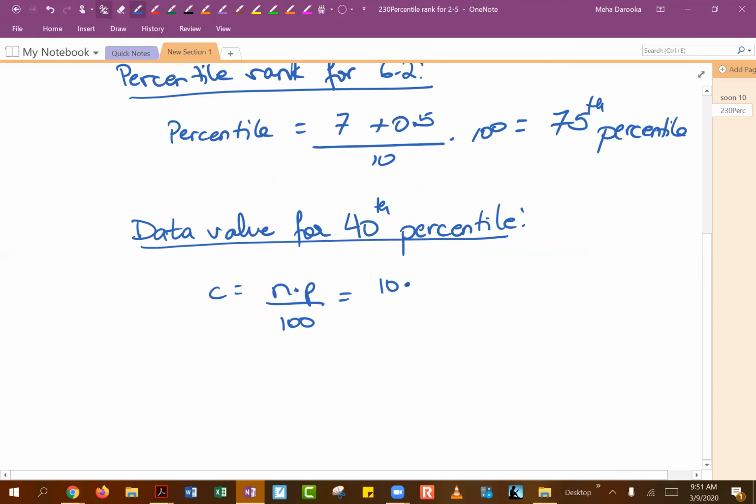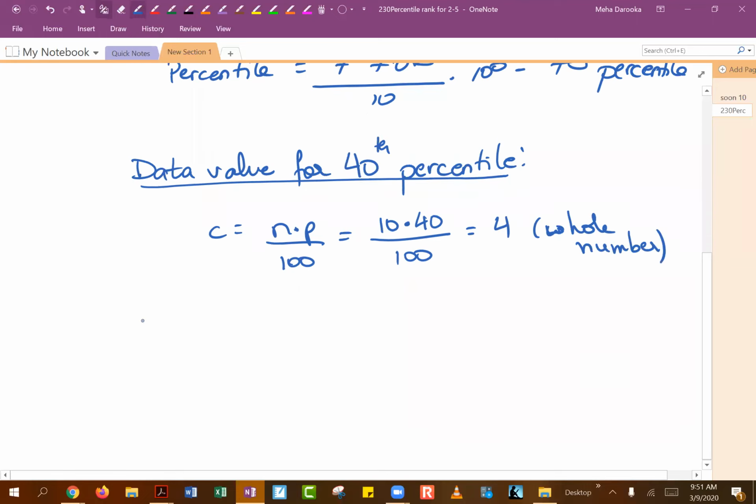This is the 40th percentile, and divide that by 100, what do you end up getting? 4. So since this is a whole number, we need to look halfway between the 4th and the 5th position.